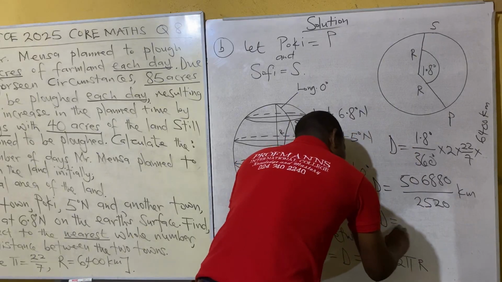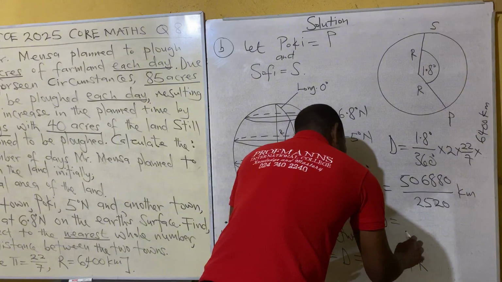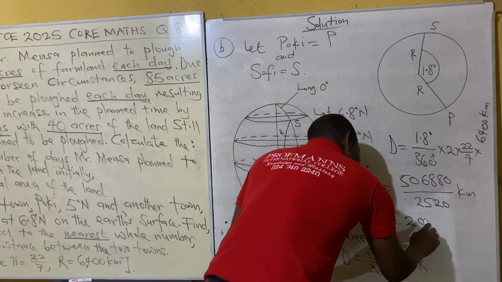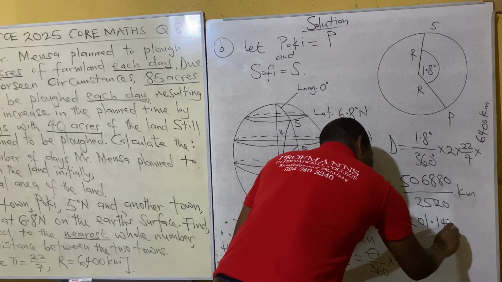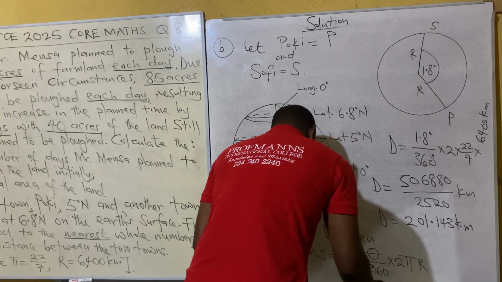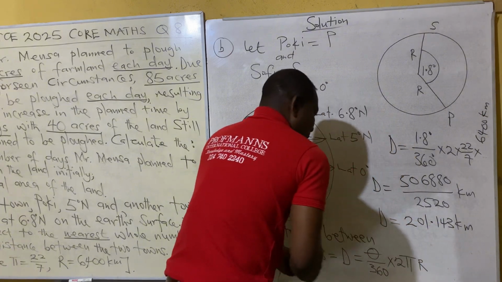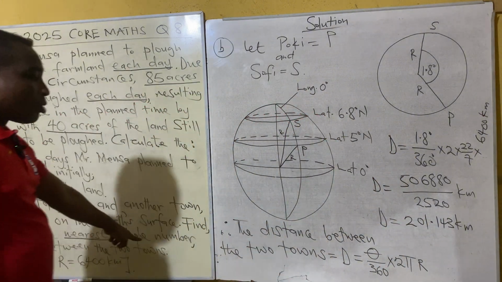So D is equal to, when we do the division, it is going to give us 201.143 kilometers. Now, but the question says we should calculate to the nearest whole number.